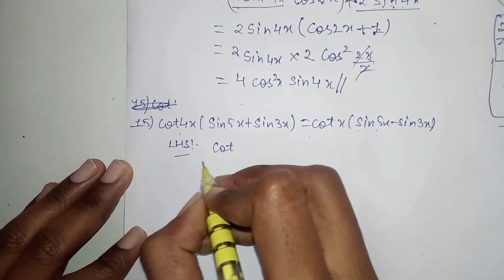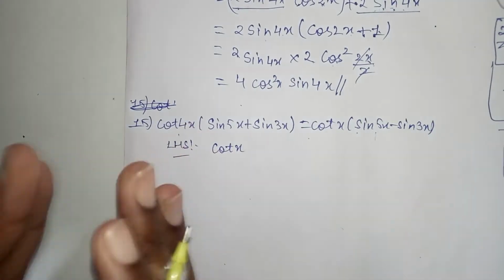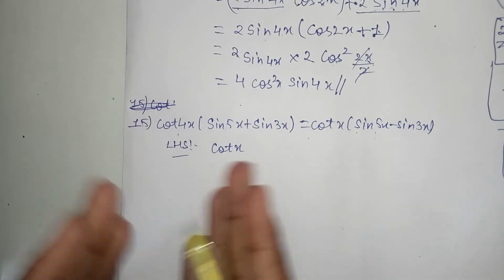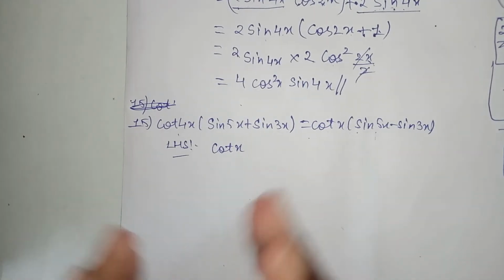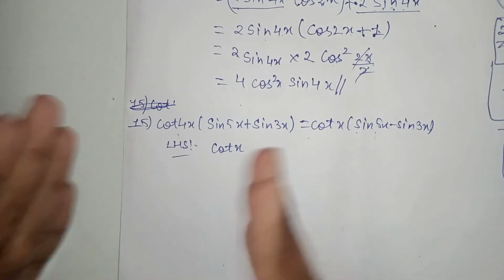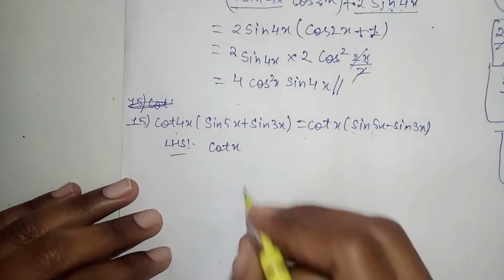First, let us solve the left hand side. How I'm doing this question is, first I take the left hand side and the right hand side. If both say the same, it means the question is over. Okay, let's start.